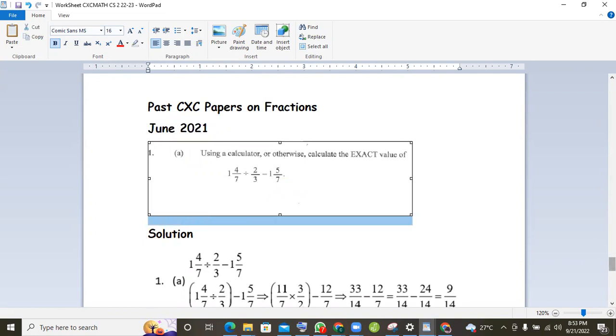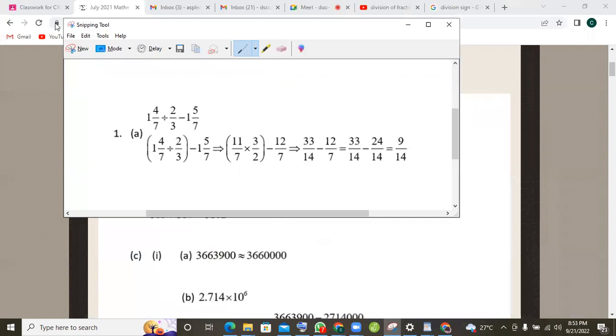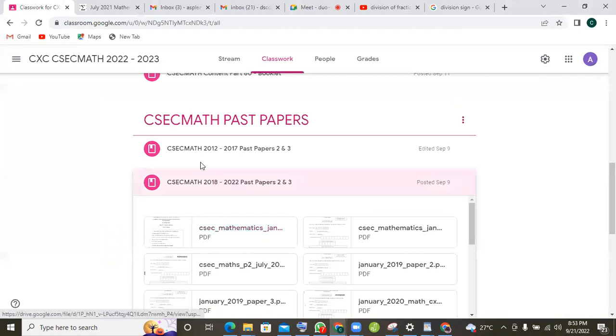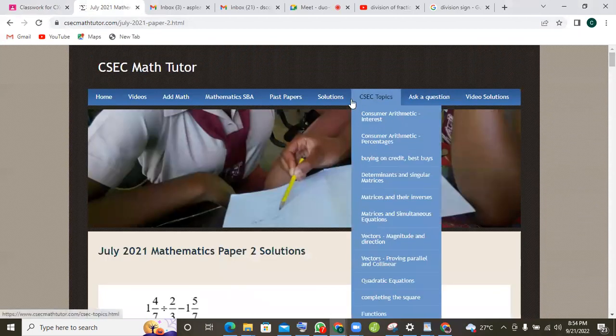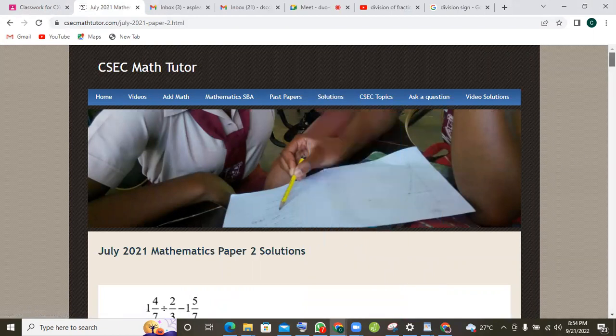You don't have to restrict yourself to June 2021 and 2022. As you can see in the classroom, you have from 2012 to 2022. And the solutions are there. The solutions I'm seeing here for paper 2, they have from 2021 to, it goes right down, it seems.